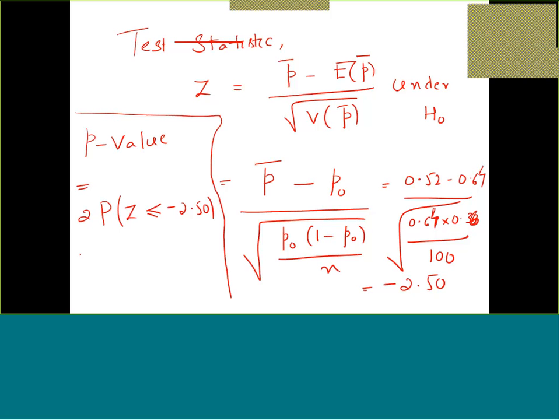And if you use the normal tables, the answer is coming out to be 0.0124. So now you have to compare with alpha. It is obviously less than alpha. So what happened? You will say that reject H naught.